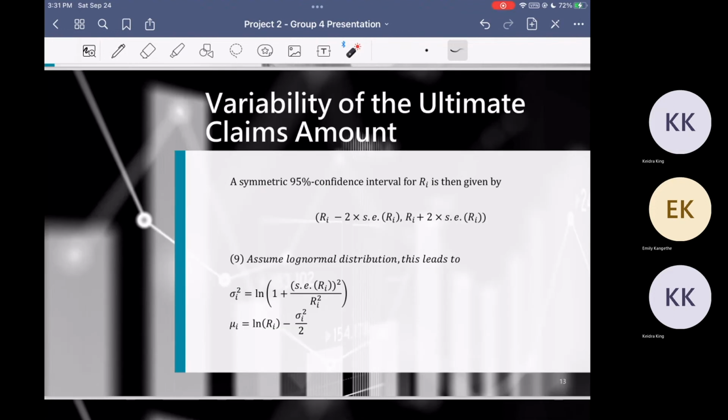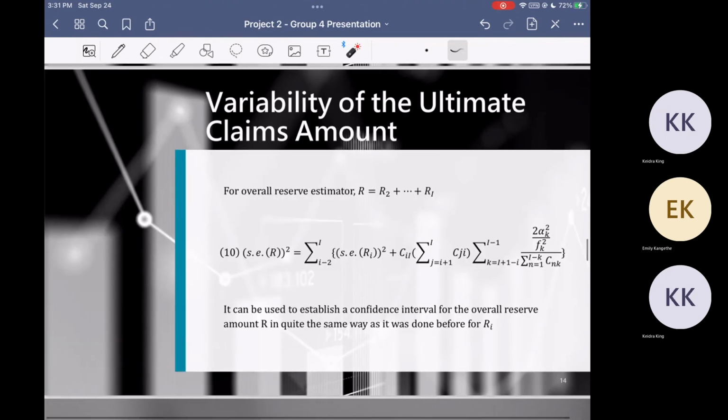A symmetric 95% confidence interval for Ri is then given by this formula. And we can assume a log normal distribution, which leads to sigma squared I being the natural log of 1 plus standard error Ri squared divided by Ri squared, and mu being the natural log of Ri minus sigma squared I divided by 2.